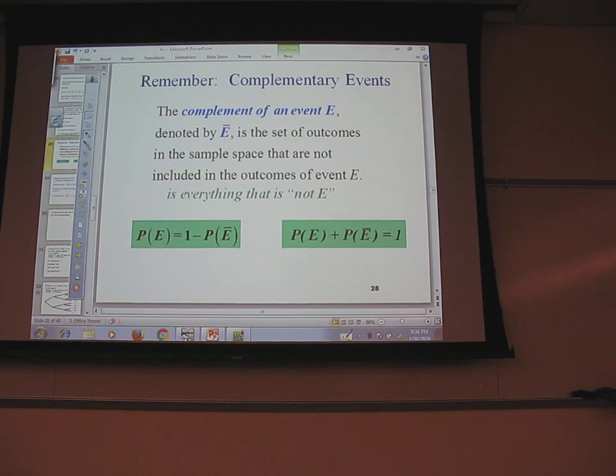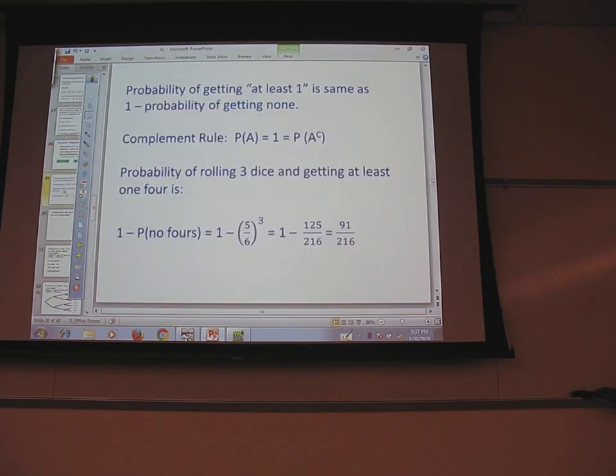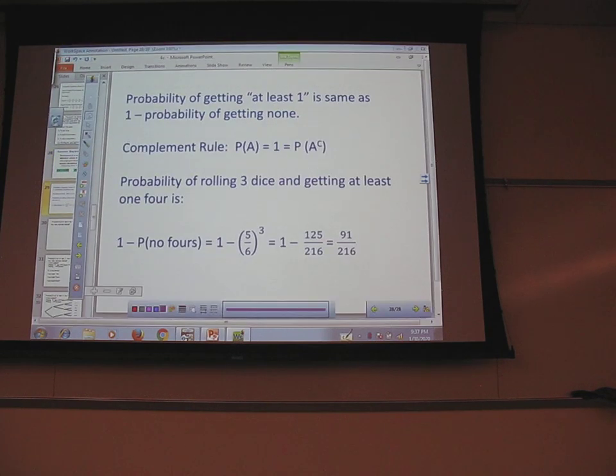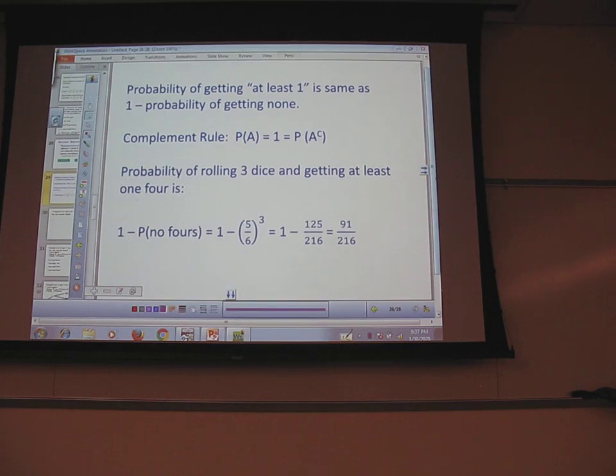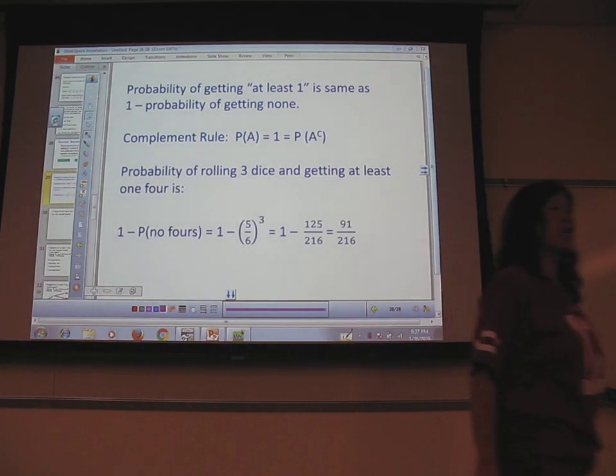All right, the last thing we're going to tackle is complementary events. So we're a little bit tight on time here. The complement of an event E, denoted by E bar or E^C, is everything that's not E. Everybody, you guys remember that? So it's the rest of it. The thing I want to get across to you is the probability of getting at least one. What's the complement?